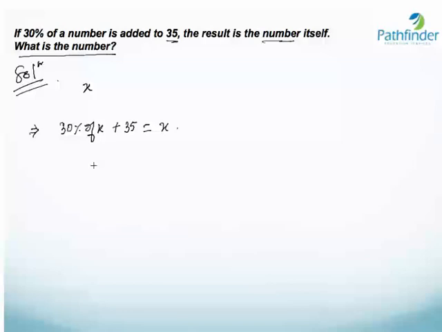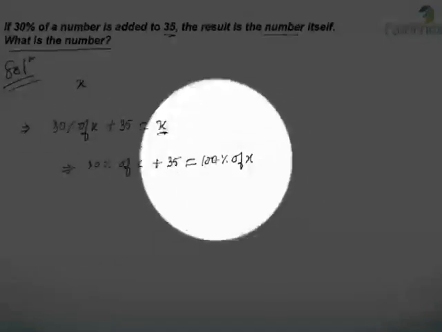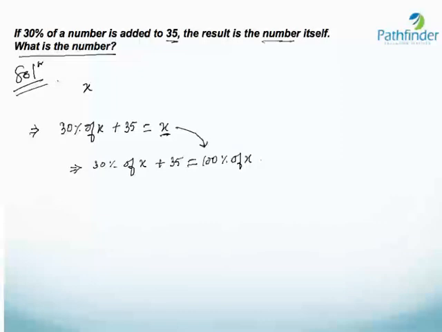And what do we get? This implies that 30% of x plus 35 is equal to x, and x can be written as 100% of x. So we have 30% of x plus 35 is equal to 100% of x, because any number is always 100% of x itself.